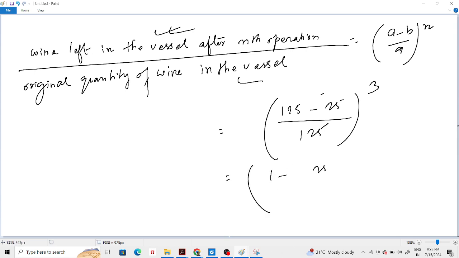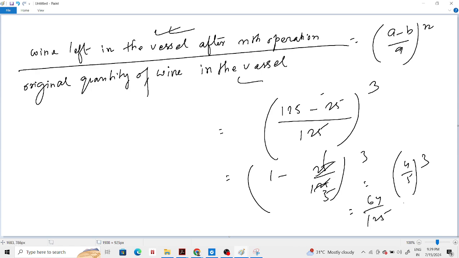So 1 minus 25 by 125 to the power 3, that is going to give 4 by 5 cube, 64 by 125. But what is the 64 by 125? The 64 by 125 is the amount of wine left divided by original quantity of wine, which is 125.